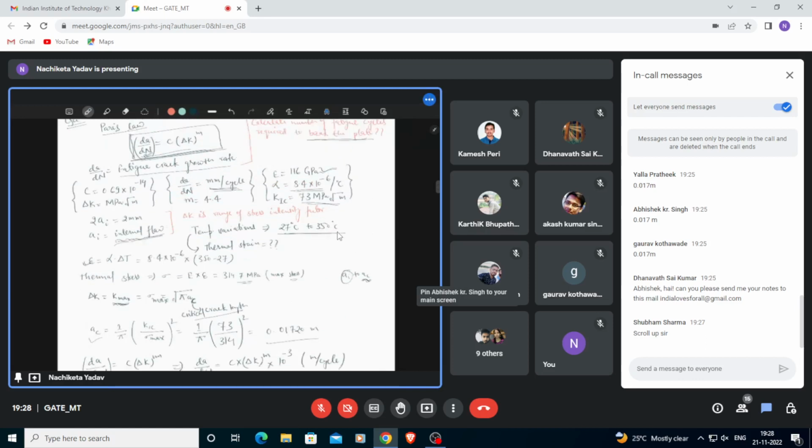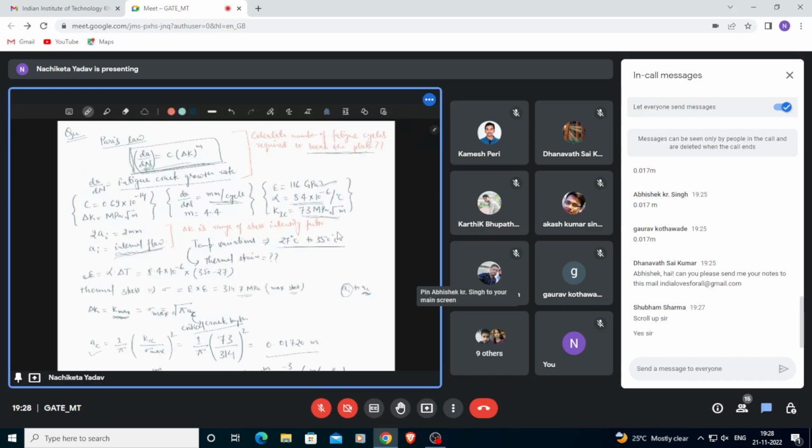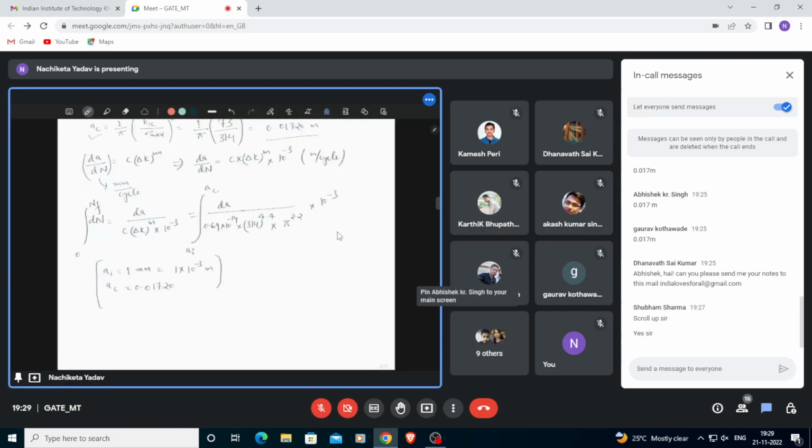Subham Sharma, is it okay? Here you do not have to do anything, just put in the value, integrate it, and take care of the units. So what will be the NF value?